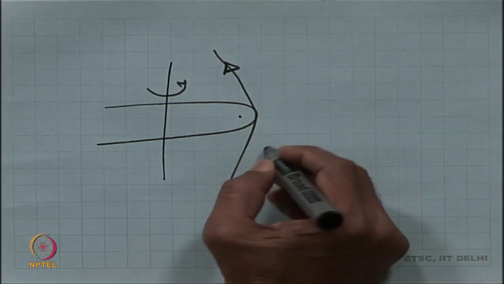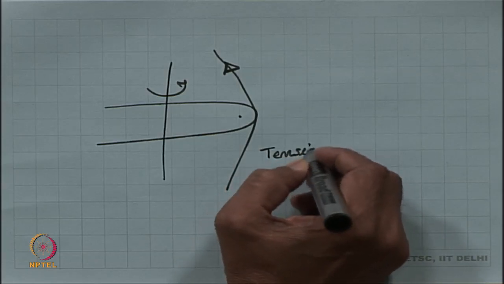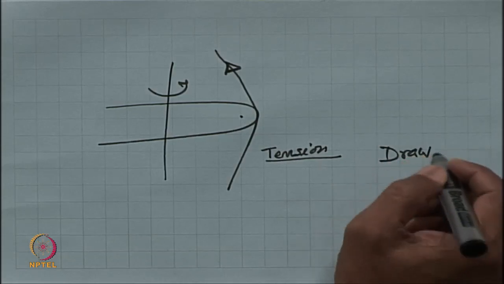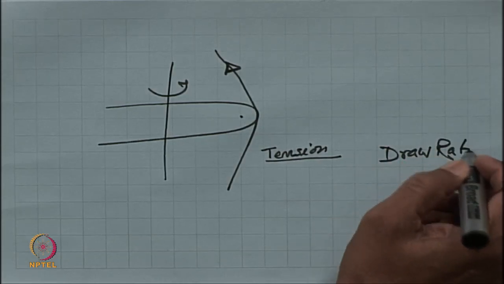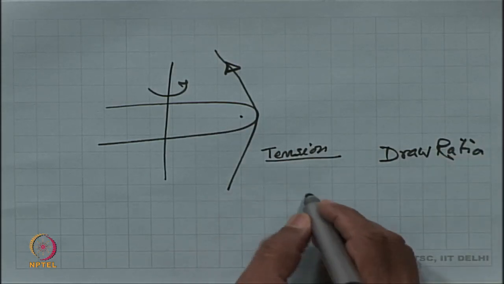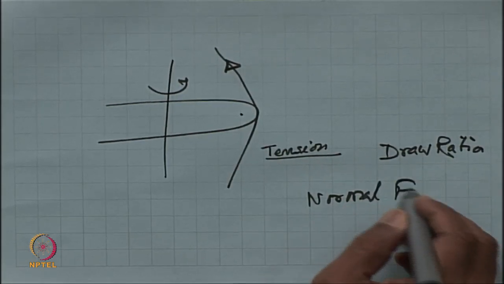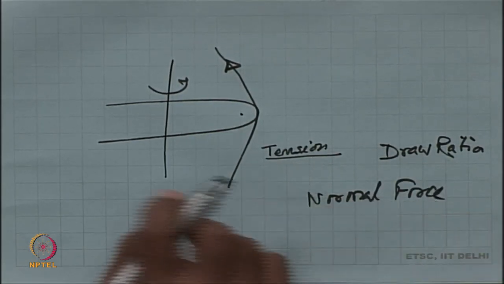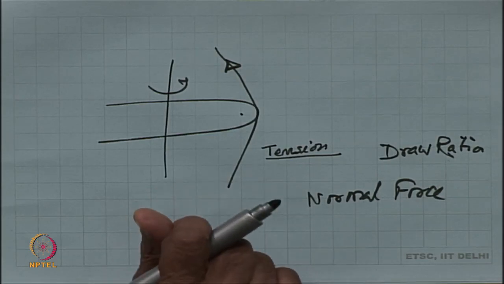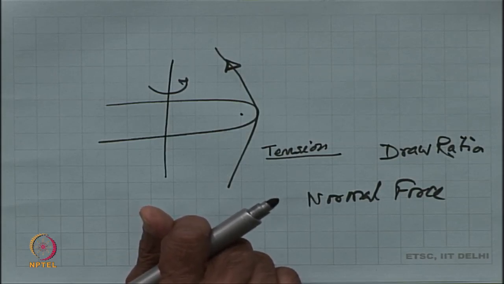Now, when you increase tension, whichever tension you are looking at, which means draw ratio, what would happen to the normal force? Because normal force is related to frictional force and related to torque.